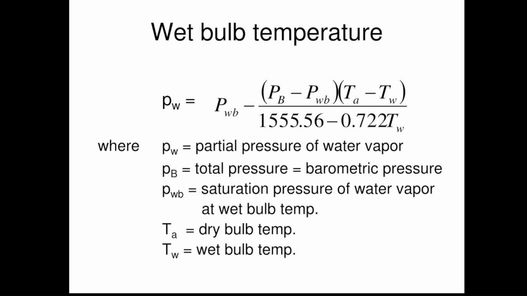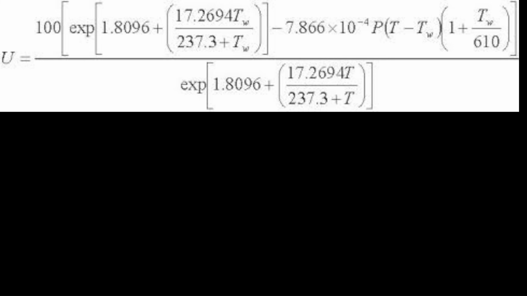And then the next one we have is a little bit more tedious. So this is the humidity. Taking a look at this, we have 100 times the exponential of 1.8096 plus the quantity of 17.2694 times the temperature of the wet bulb divided by 237.3 plus the temperature of the wet bulb.